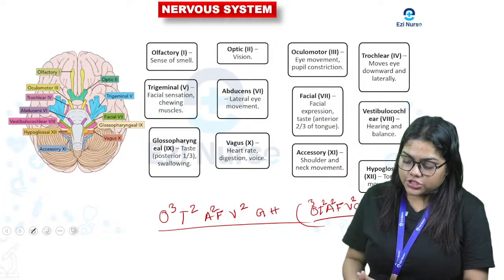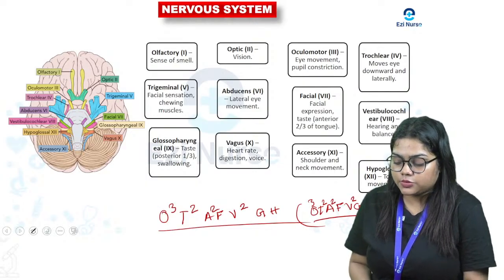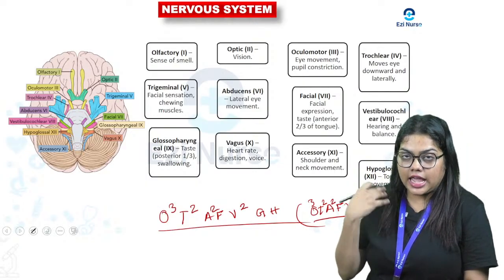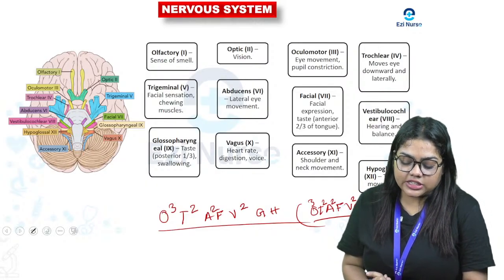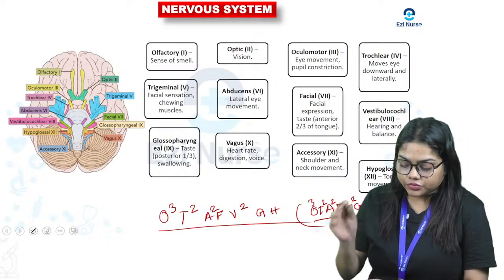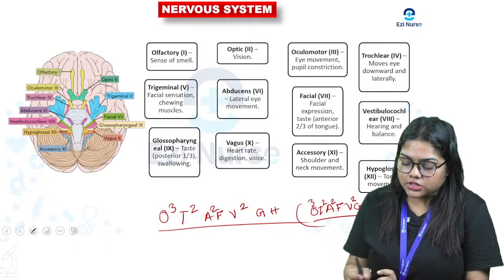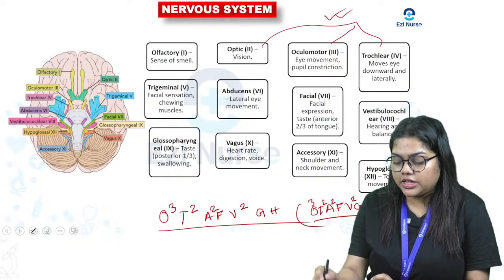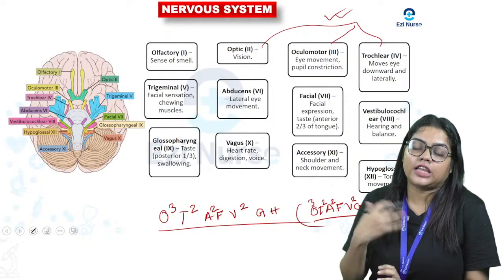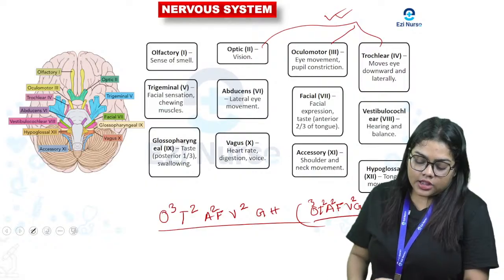Then it comes to T2, which is cochlear and trigeminal. Cochlear helps to move the eye downward and laterally, and trigeminal helps for the facial sensation and chewing muscles. If you observe, these three nerves help for the whole eye movements and eye function: optic, oculomotor and cochlear.